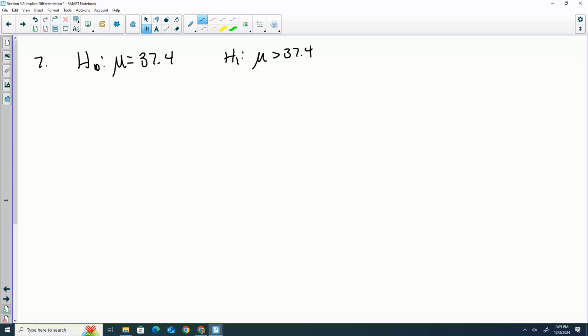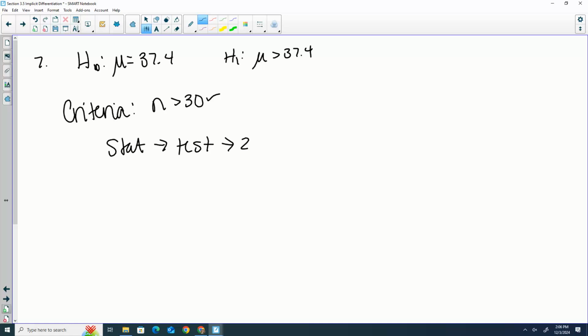Criteria. If I'm talking about mean, my n has to be bigger than 30. So if I look at this, my n is 32, so I'm good. So then we go to stat test, 2. Mean of the null, 37.4.